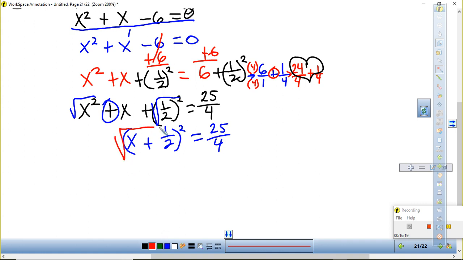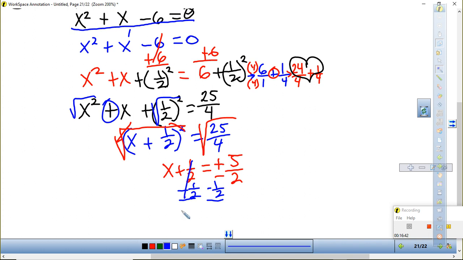Square root to get rid of that one, and what I do to one side, I do to the other. This cancels this. We're left with x plus 1/2 equals, what is the square root of 25? 5. What is the square root of 4? 2, and it's plus or minus because we just took the square root. From there, subtract 1/2, subtract 1/2. I end up with x equals negative 1/2 plus or minus 5/2.